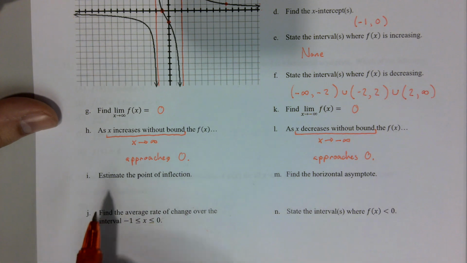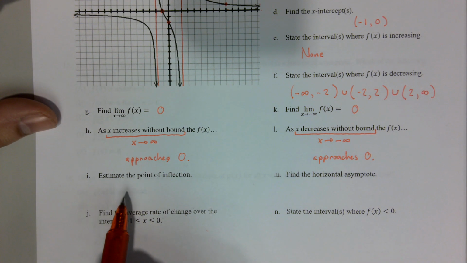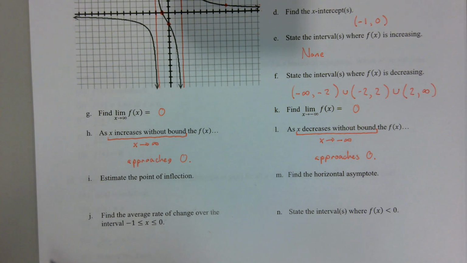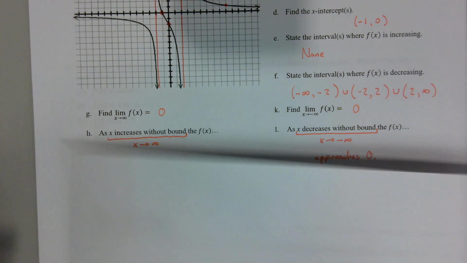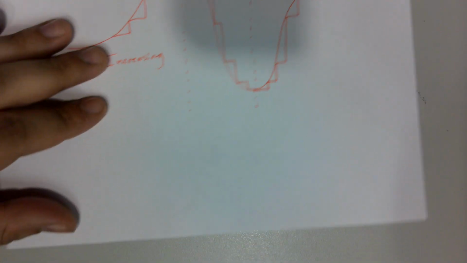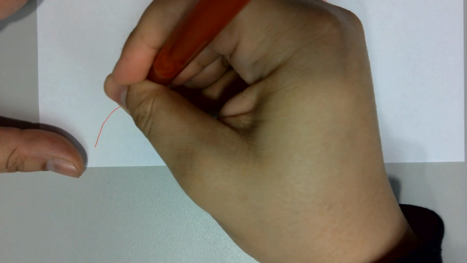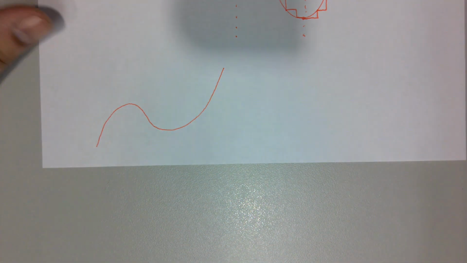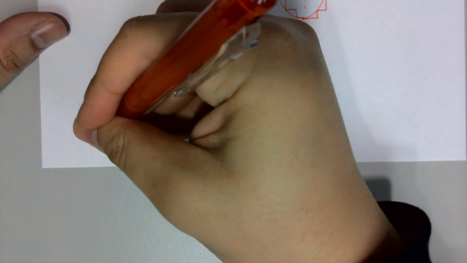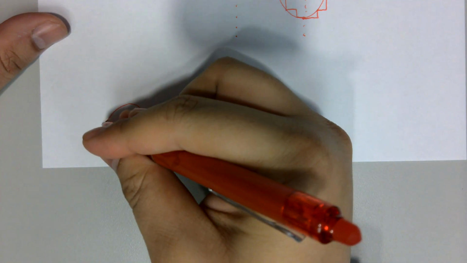Next, we want to estimate the point of inflection. So remember, the point of inflection is where our concavity changes. So concavity, on the other hand, if we review that for a second, if I have a function that looks like this, let's look at the slopes here.